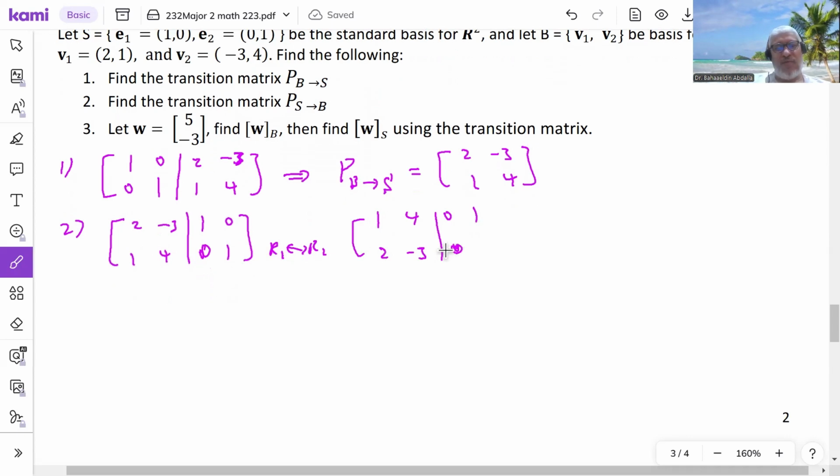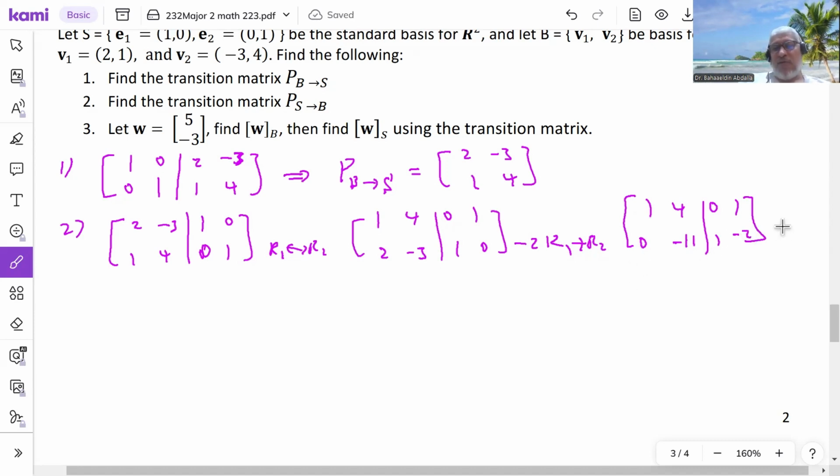to have 1 here, and then use the 1 to make 2 0, negative 2 R1 plus R2, negative 2 plus 2 is 0, negative 8 and minus 3, negative 11, negative 2.